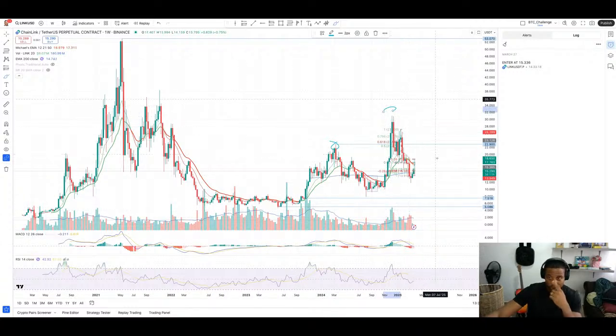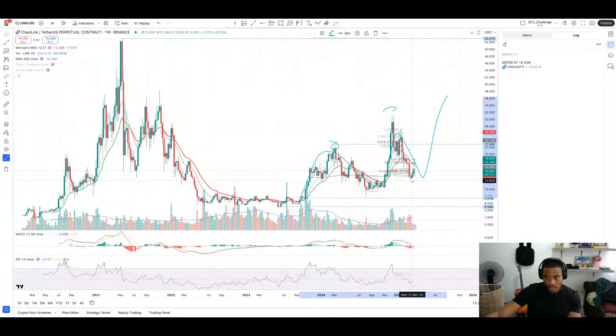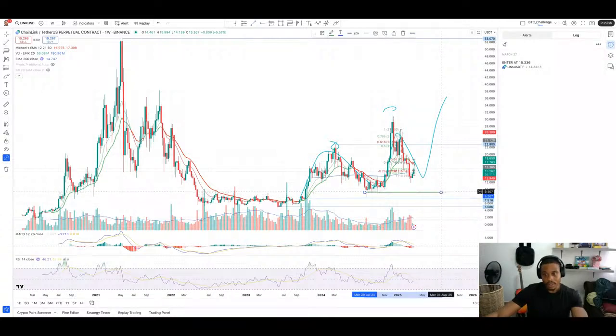So this is very bullish. Based on the weekly chart, it could quite easily break above this. But if it breaks below this level, then we're experiencing a change of character, right?